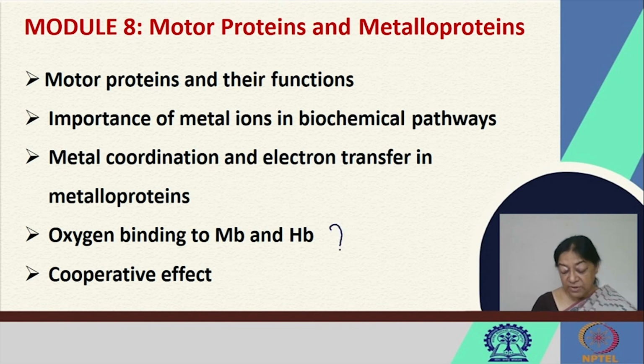And at the end of that module, we looked at a special case of hemoglobin and myoglobin in their oxygen binding and the overall cooperative effect that was observed in hemoglobin, and how it was important in oxygen binding, how we had the storage protein and the transport protein characteristics in this case.